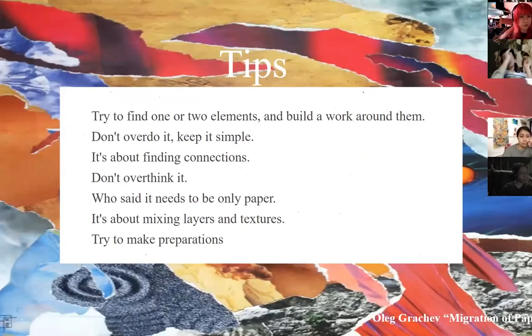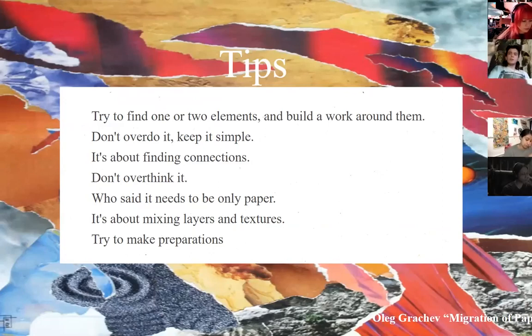So we're coming to my personal tips and tricks. And I would say that's a combination of mine and a combination that I find on the web from other people. So if you are a newcomer, never done it, you are struggling, find an old book, find an old magazine, try to find an image that you like, and just build around it thematically.